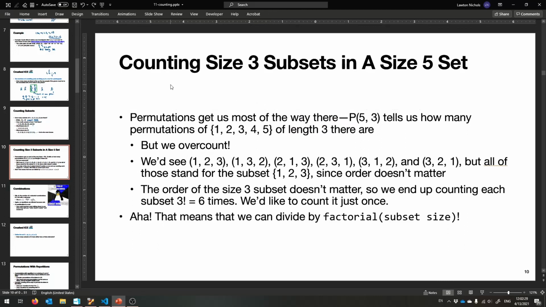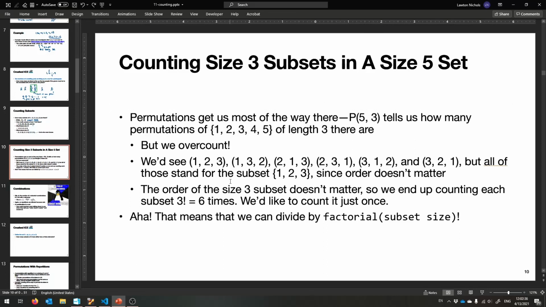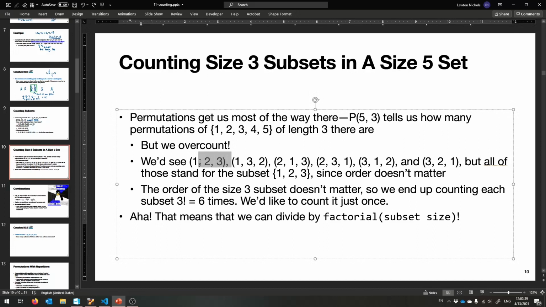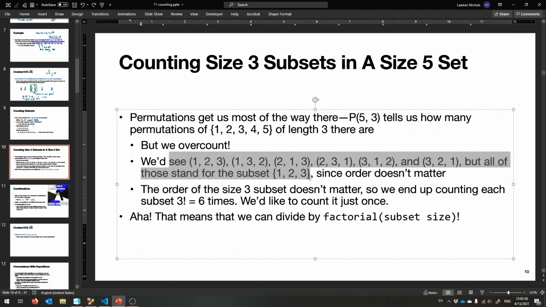The issue is that you end up overcounting, because you see all of these different permutations: 1, 2, 3, 1, 3, 2, 2, 1, 3, and so on. They all represent the same subset {1, 2, 3}, where the order doesn't matter. So all of these stand for the same subset, unfortunately. We are overcounting because of that.